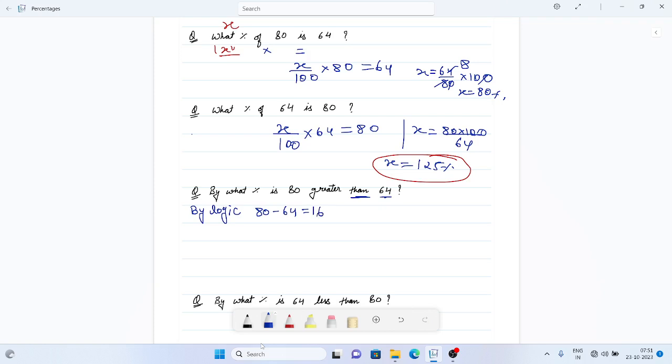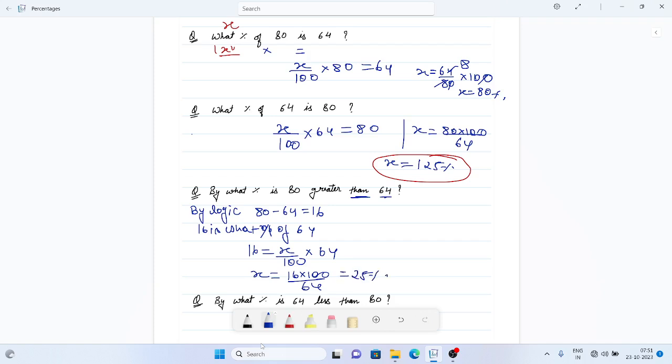Now you need 16 is what percentage of 64? So 16 is equal to x by 100 into 64. Here you get x equal to 16 into 100 by 64, which gives you 25%.